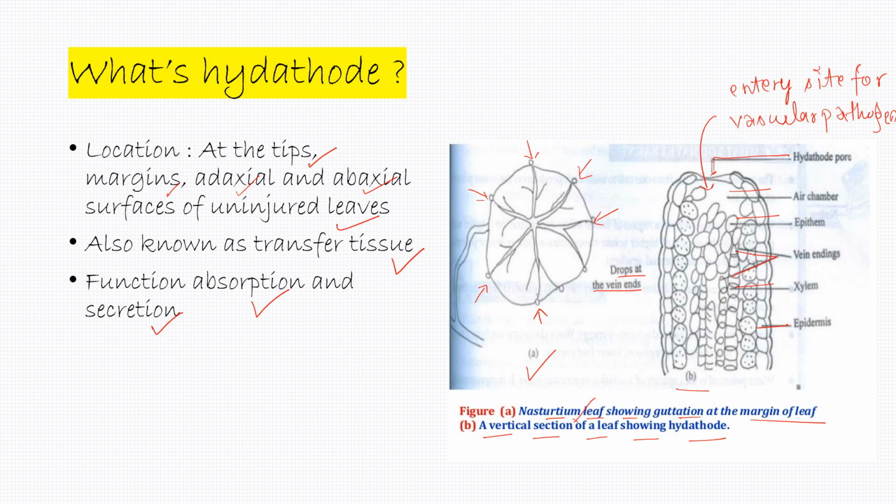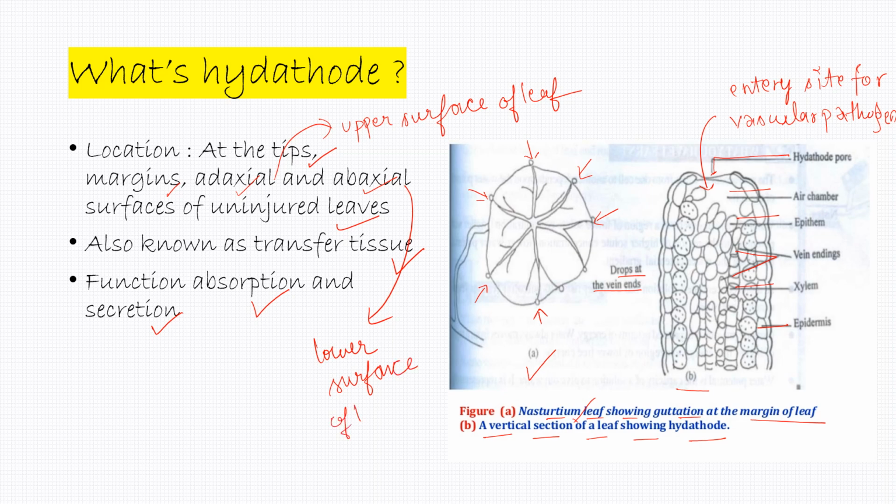Okay, let me clear one more point. Adaxial is the upper surface of the leaf. Abaxial is the lower surface of the leaf.